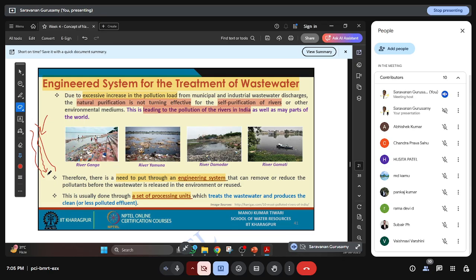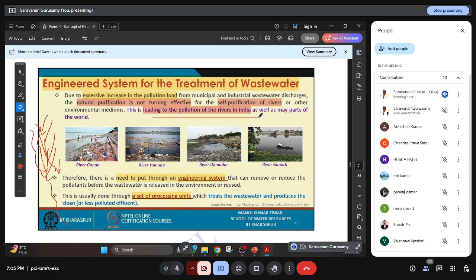But after 2 kilometers, another industry is discharging, and after another 2 kilometers, it's clear. But if 10 industries are discharging at one point, and another 10 within 1 kilometer, how will the river regenerate on its own? We are polluting the river more than its self-purification capacity, not giving it enough time to treat itself. That's called pollution of the river.